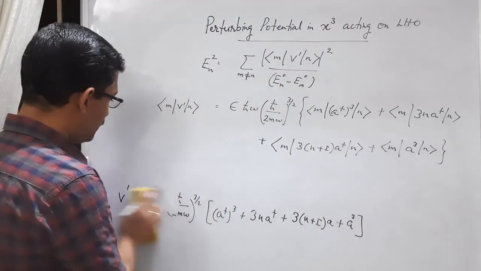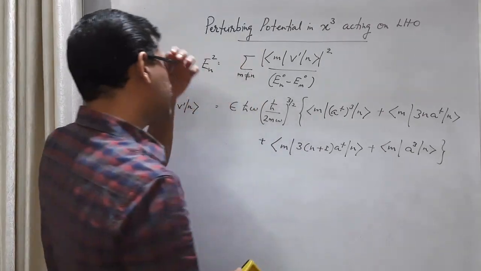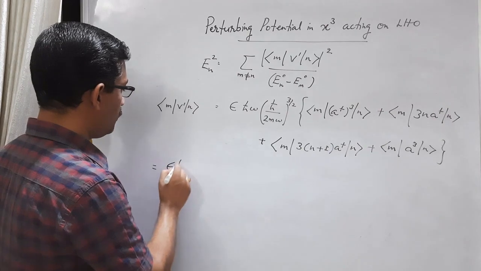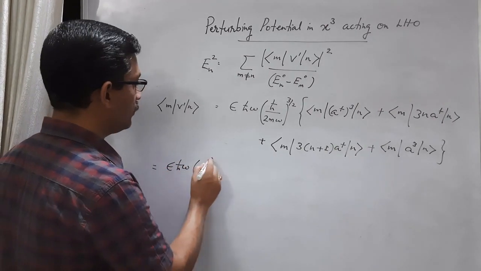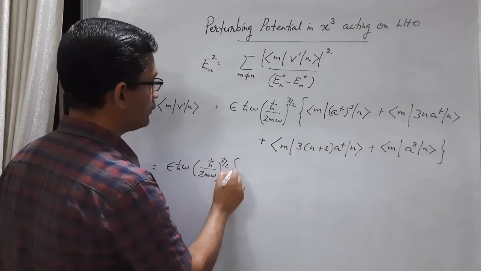So there are matrix elements to evaluate. Okay, so we have ε ħω (ħ/2mω)^(3/2).